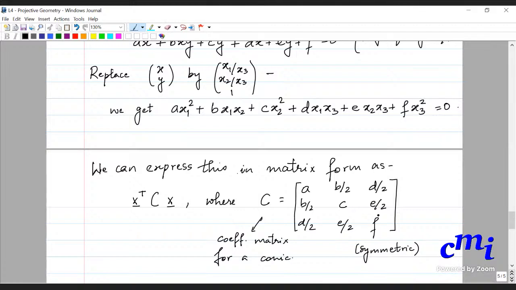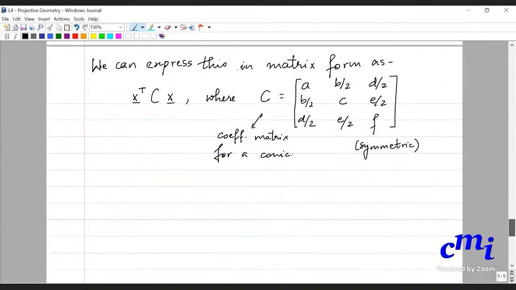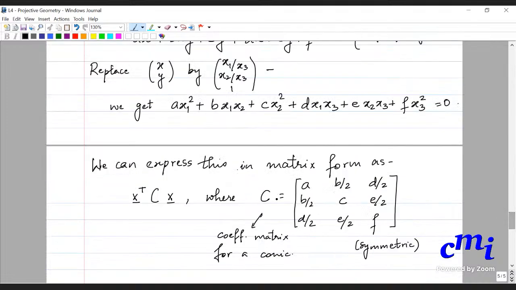So you can be given any symmetric matrix like this, and that will give rise to a conic equation like that. The point now is that if you multiply C by a non-zero scalar k, that's like multiplying this equation by k, and that's not going to change the conic. So C is in fact a homogeneous matrix.